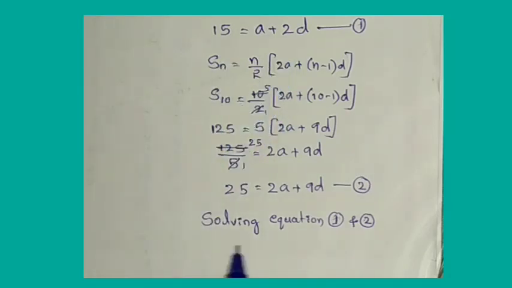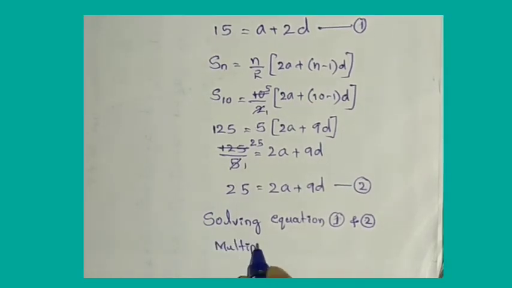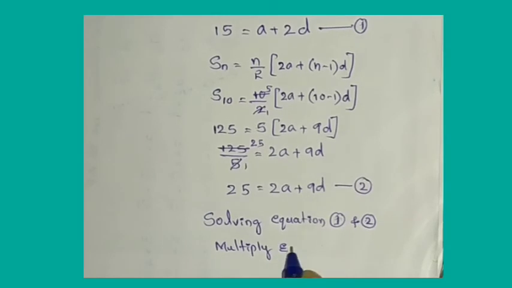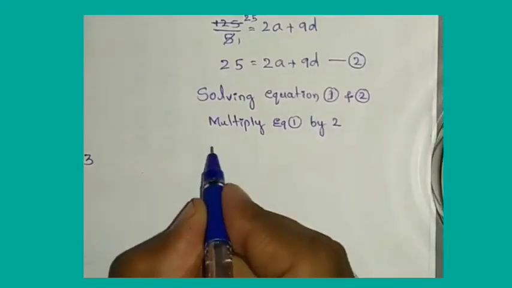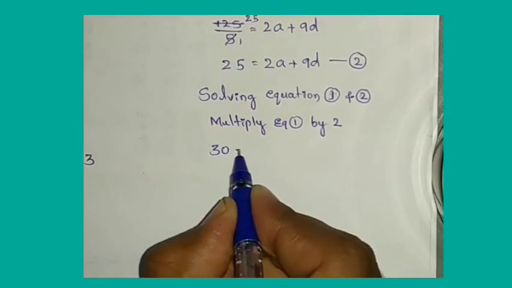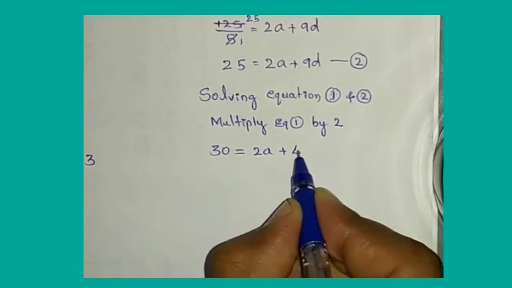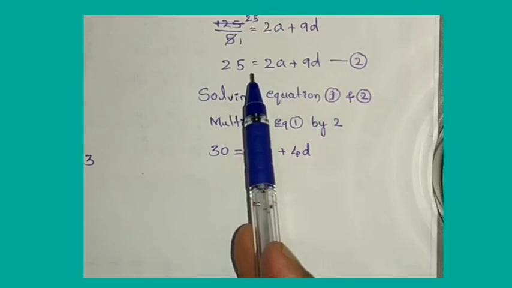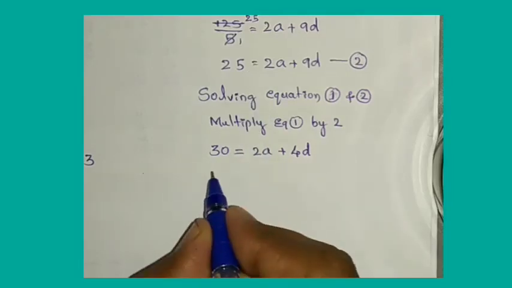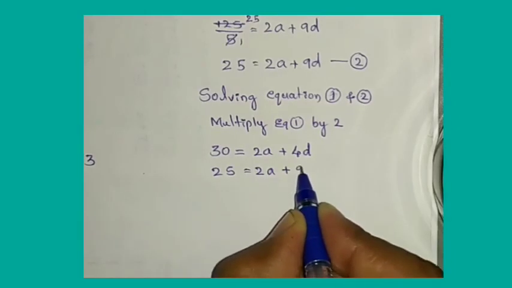So before solving, multiply equation 1 by 2. Here we will get 2 fifteens are 30 equal to 2a plus 2 twos are 4d. So here we got 2a plus 4d, and we know equation number 2, that is 25 equal to 2a plus 9d.